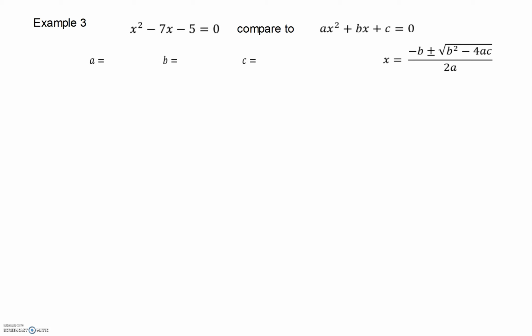I'd like you to then write down your values of A, B and C and to have a go at putting them into your quadratic formula. You don't have to work it through to the answer. You can if you want to. Otherwise, just try putting it into your quadratic formula and go as far as you can, and then come back to this video and we'll work it through together.